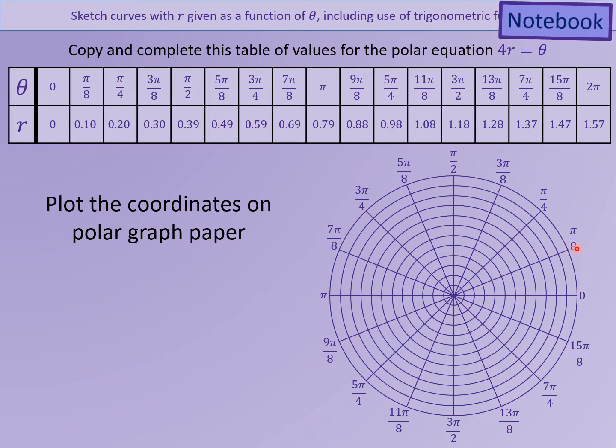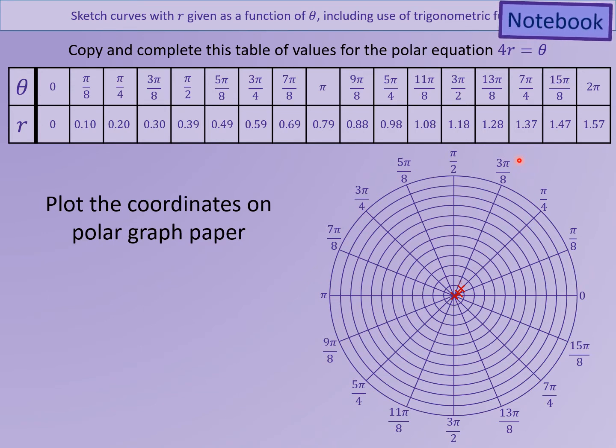So the first point, 0, 0, represents the pole. We're then going to go around to an angle of pi by 8 and find 0.1. So if we're using a scale that each concentric circle is another 0.2, we're going to be going halfway. Then going to go around to pi by 4 and an r value of 0.2.